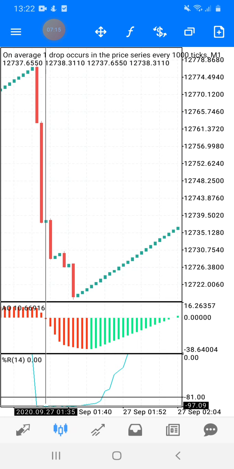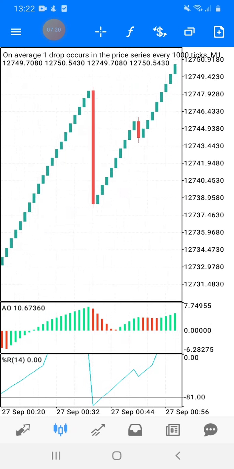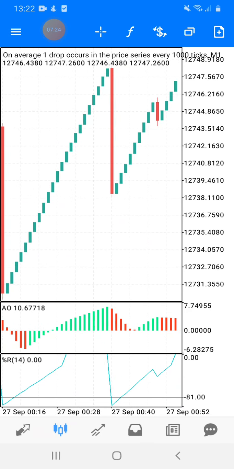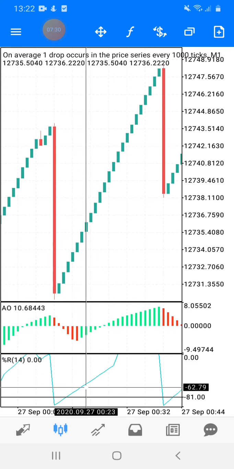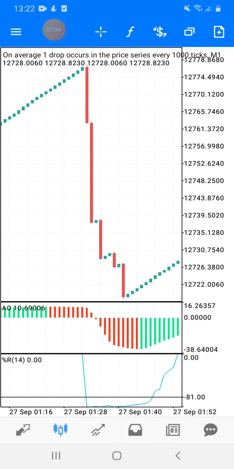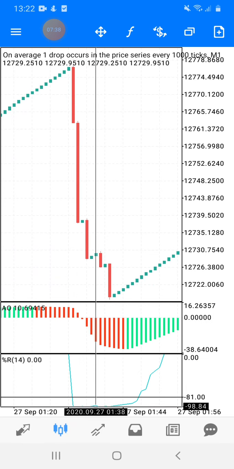You want it to be a nice smooth part that's coming up, like this one. It needs to be smooth, but we know we don't take this one because the AO is not below, but there's the one that I'm talking about. It needs to be nice and smooth coming up over here. But once you see it goes up and down and it's not even, like right over here, it's very uneven.